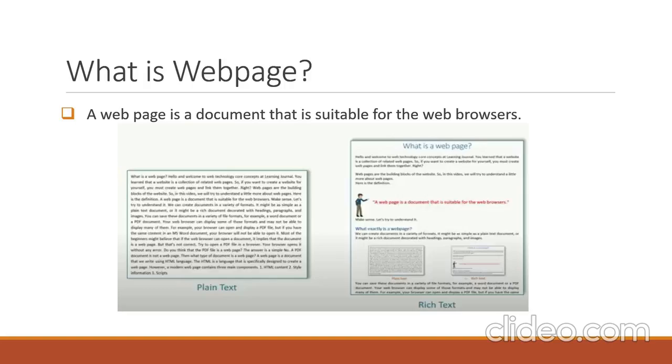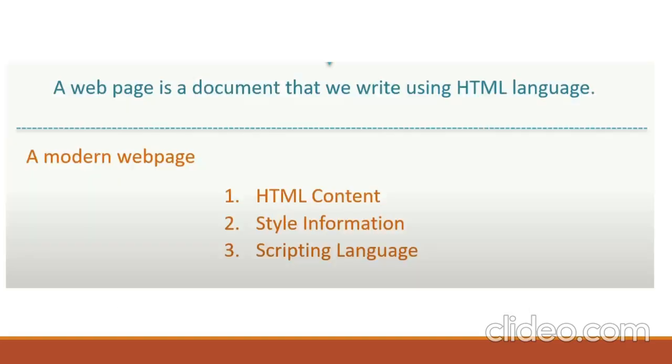A web page is a document that is suitable for a web browser. This document can be plain text or mixed with pictures, animations, and videos. That is said to be rich text. So a web page may be plain text or rich text. A web page is a document that we write using the HTML language.